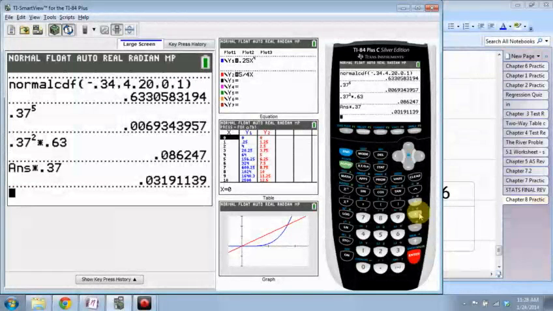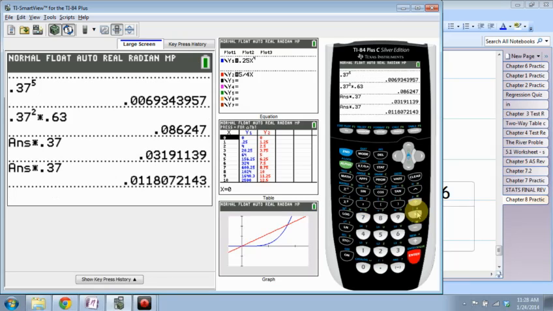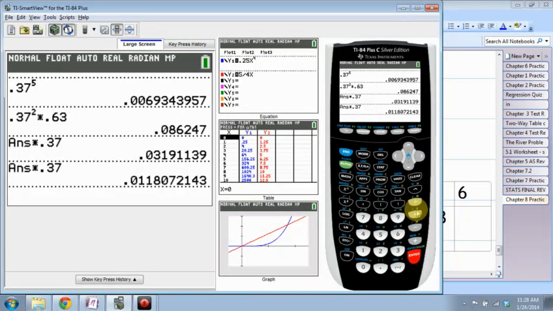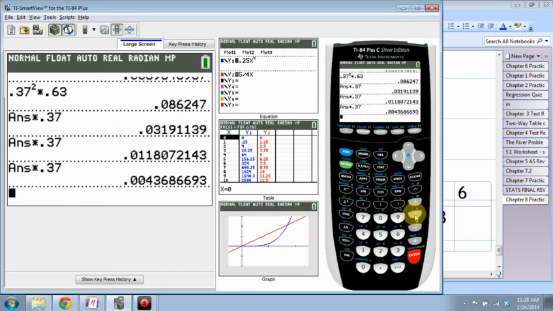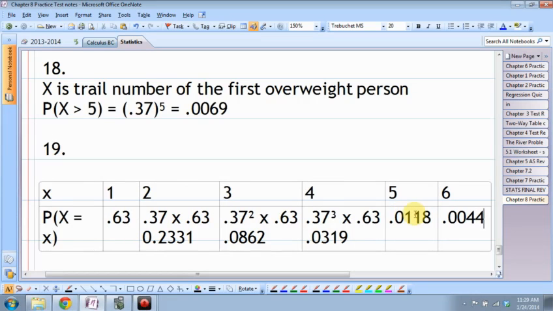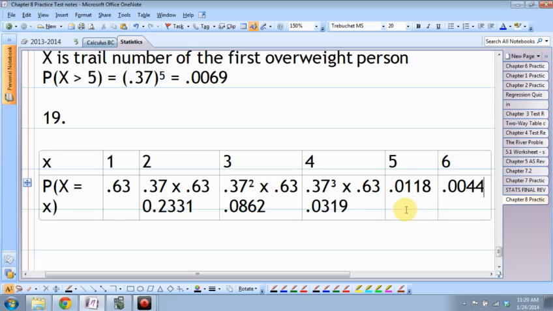And then multiply again, 0.0118. And then multiply one last time, 0.0044. Okay. So that's the regular distribution table. That's not a cumulative distribution table.